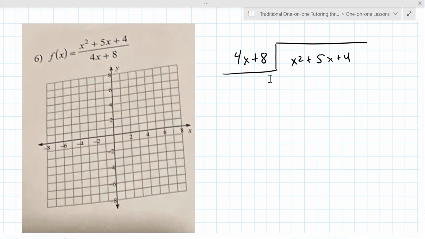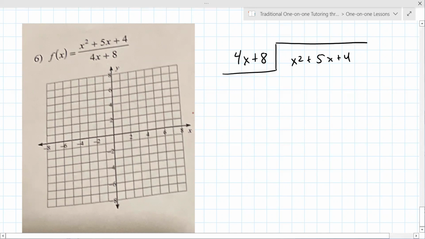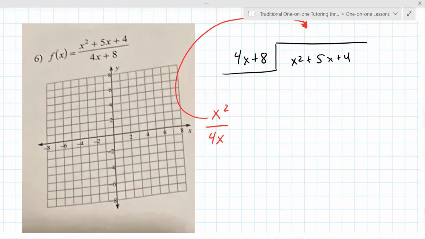But don't guess. Let me show you the shortcut. I don't like this, but this is what you're doing. You're actually doing x squared divided by 4x. That tells you what to put up here. So would it be 1/4 x? Yes.